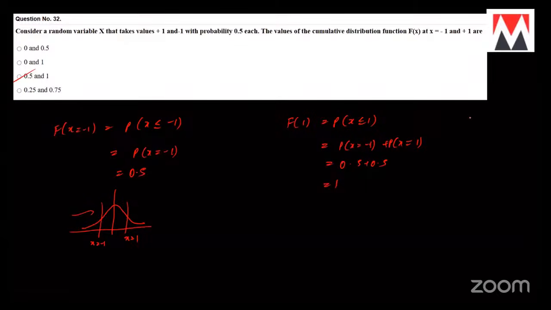When you take x less than or equal to -1, you have only the value which is -1. But here you have values less than or equal to 1, so +1 and -1. Both the values will be included here. This means the whole function, this means only half of the curve. So you are having 0.5 and 1. That's all.